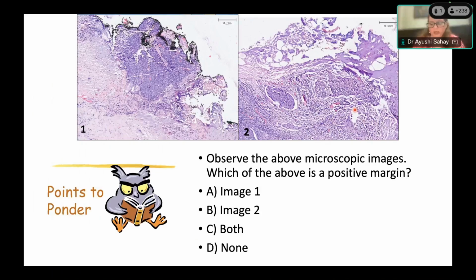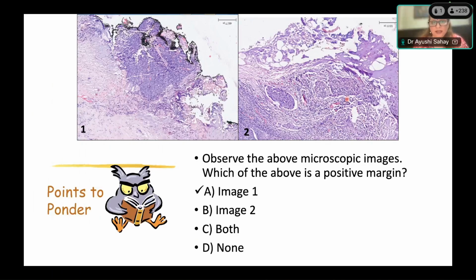Very good. So yes, image 1 is the correct answer, that you have tumor at the ink, but image 2 is not a close margin. Why? These are lymphovascular emboli. Lymphovascular emboli present at or near the margin do not make a close margin. They just make a parameter that yes, lymphovascular emboli are present, and you have to be sure what you are seeing as a tumor.